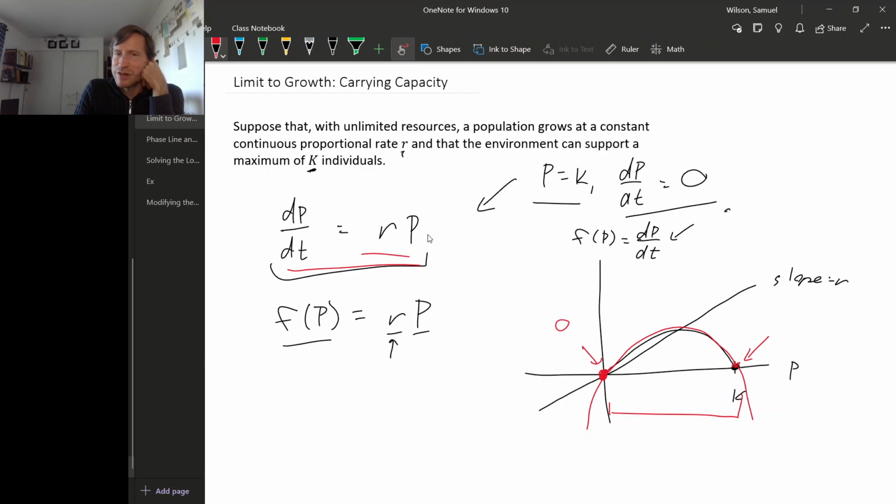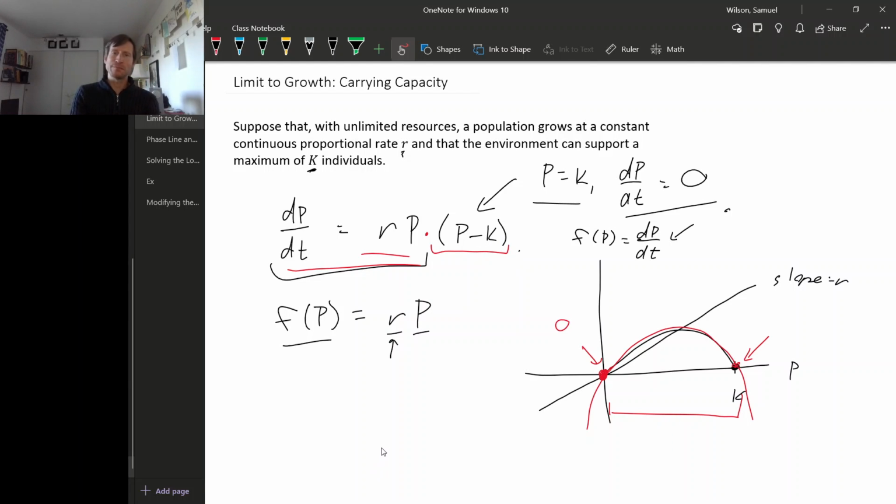So what we could do here is multiply by some extra factor that is 0 when the population is k. And there are actually many ways to do that. One first guess is to just put p minus k right here.